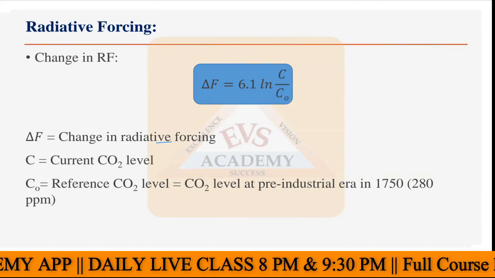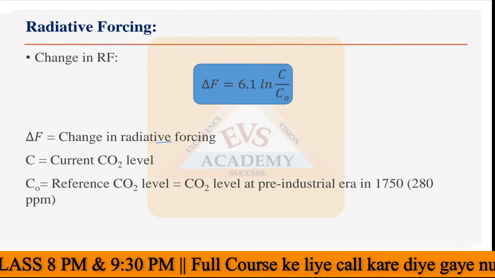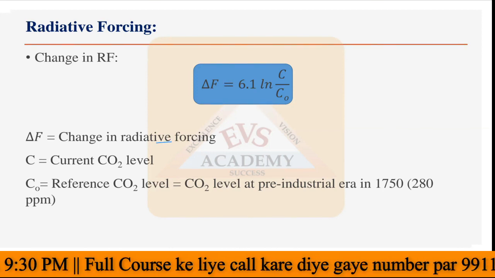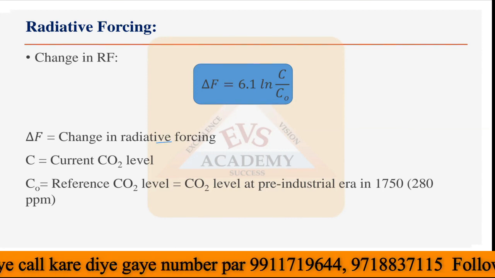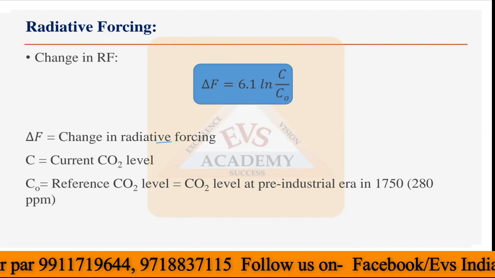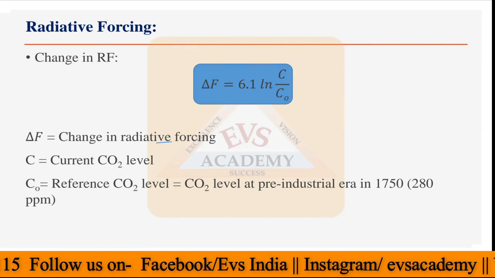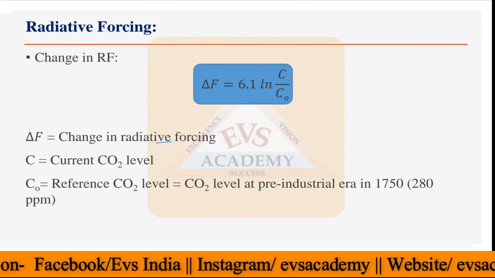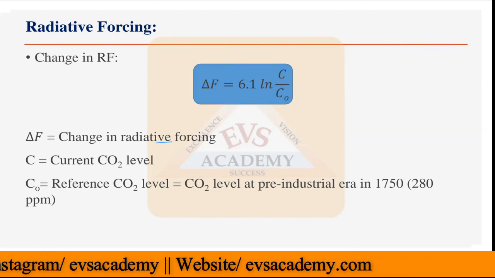What is the reference CO2 level? The reference CO2 level is just the amount of CO2 present in the atmosphere in the pre-industrial era, during the 1800s, or 1850, or before 1900. At that time, the CO2 level in the atmosphere was 280 ppm.